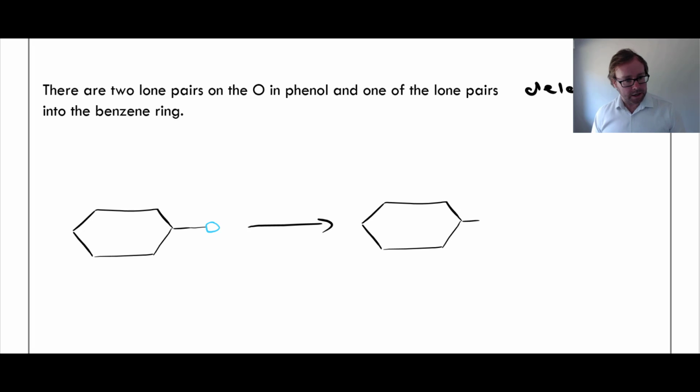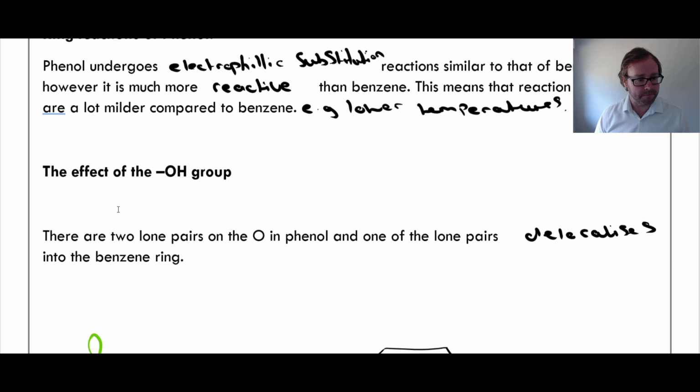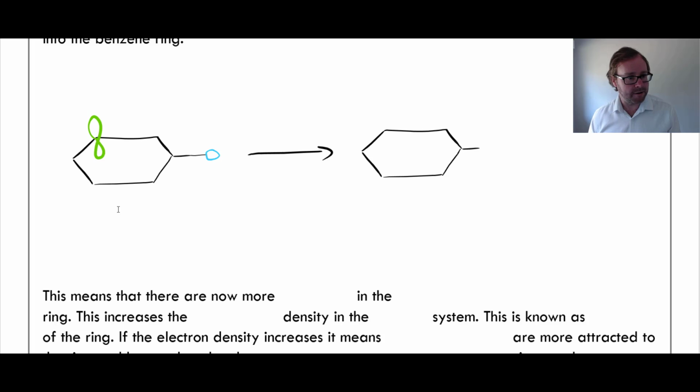Here are our carbons, here is our oxygen. Really, we should have a hydrogen attached here as well because we're showing our phenol, but I'm not going to do that just yet. In each of these carbons we have p orbitals.